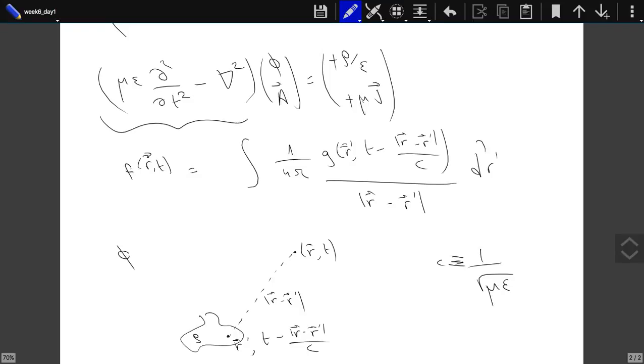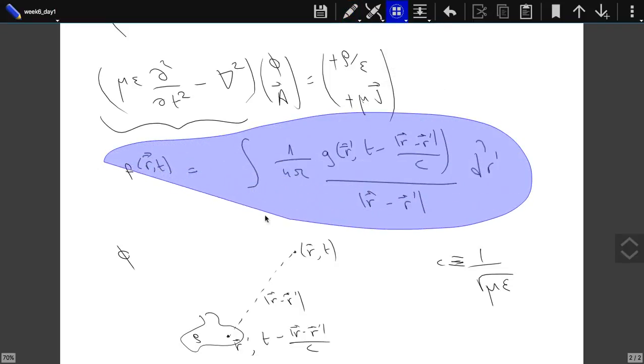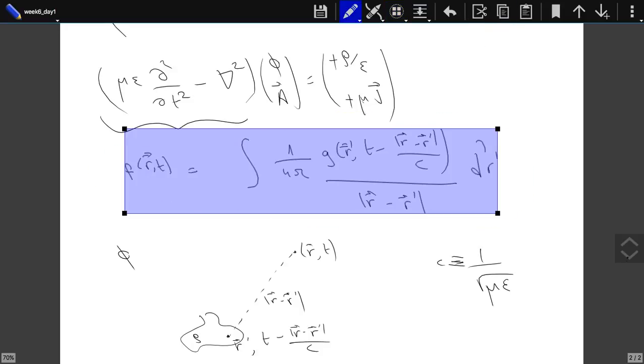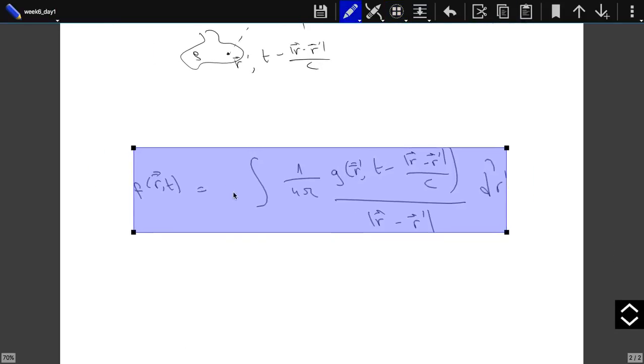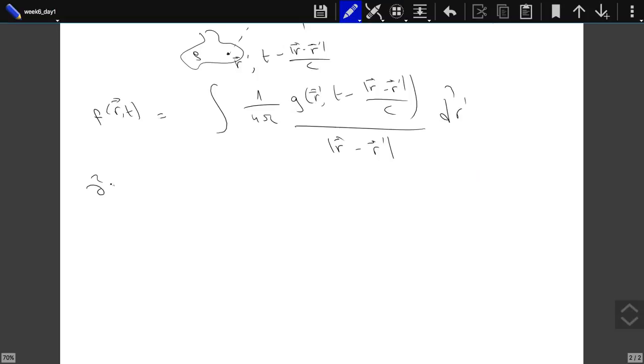There are two position dependencies. The time dependence is only through this factor over there. So if you would write the second time derivative of f, it is just 1 over 4 pi, g double dot.